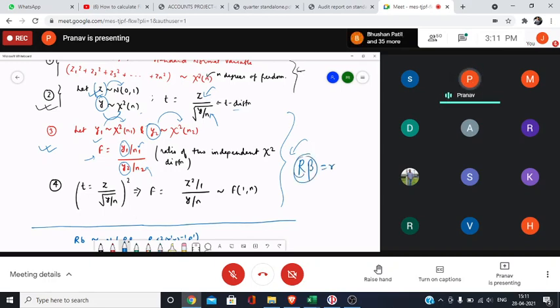Where this R is a matrix of known constants and small r is a vector of known constants, and this beta is your population parameters.